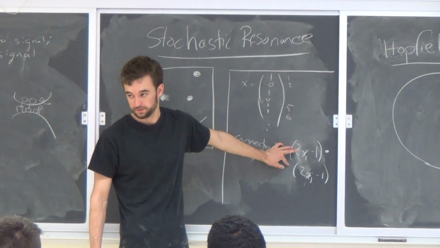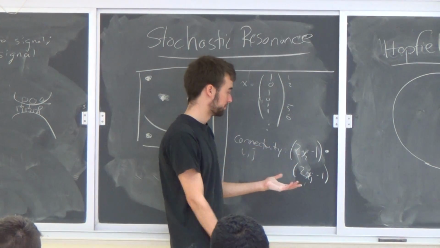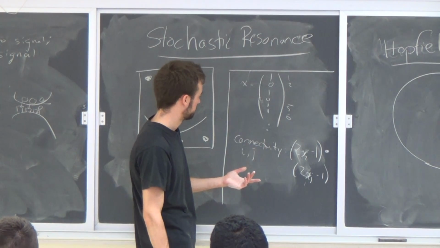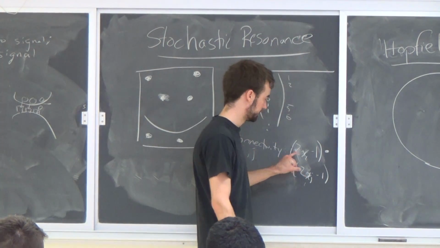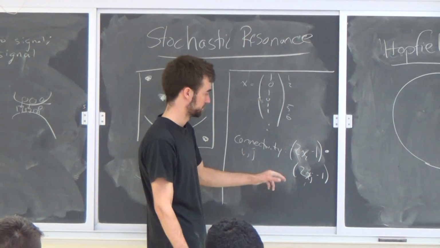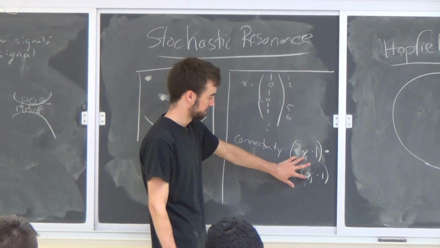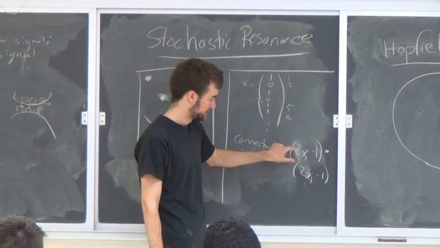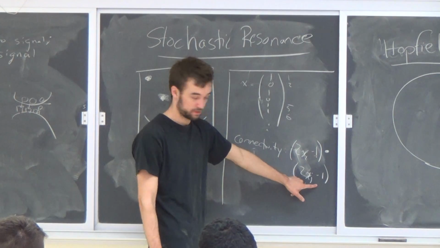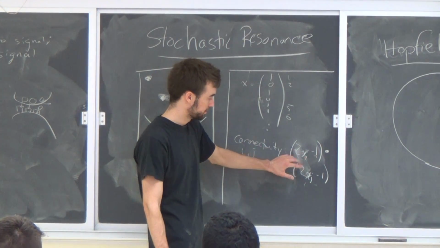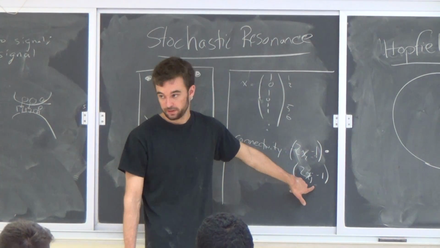Does that make sense? You can either have a positive connection, 1, or a negative connection, -1. If these two are doing the same thing, so they're both 1, then you have 1 times 1 is 1, and if both are 0, then you have -1 and -1, and that's 1.